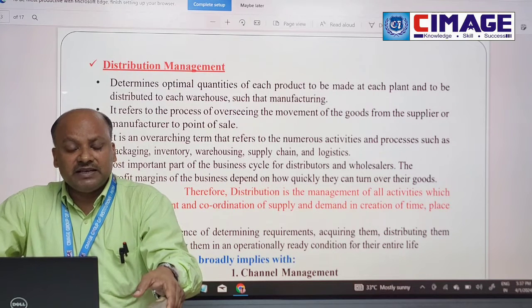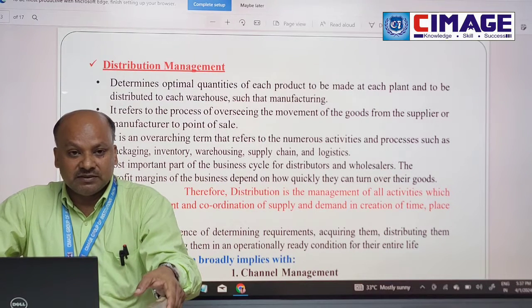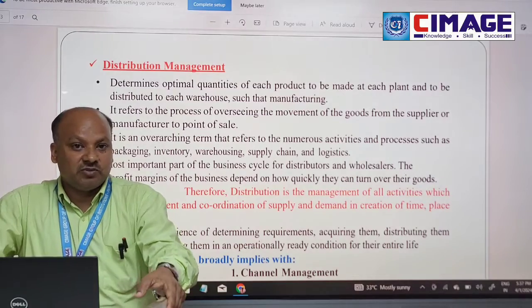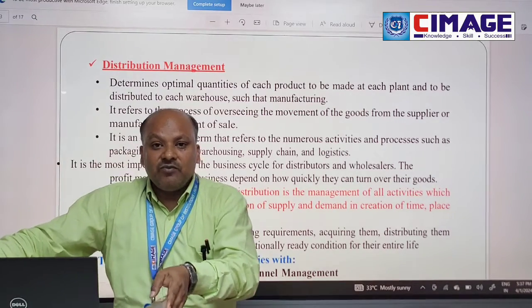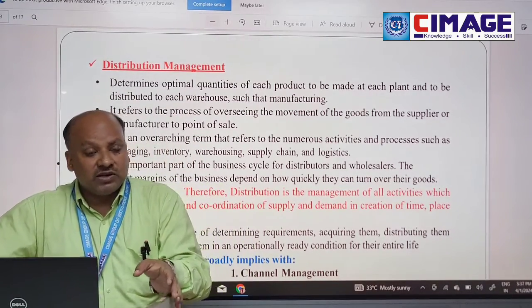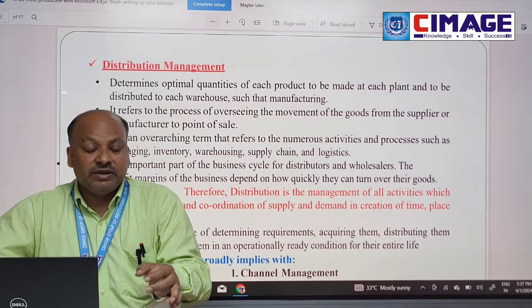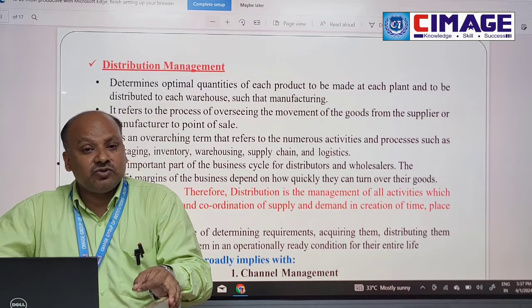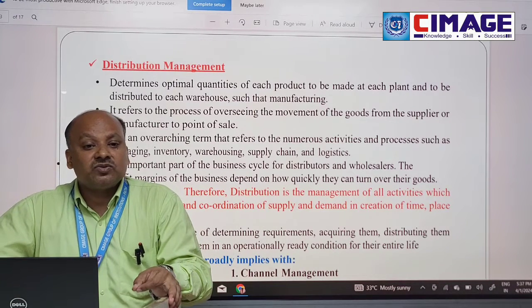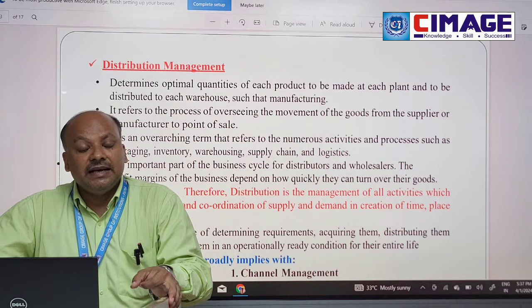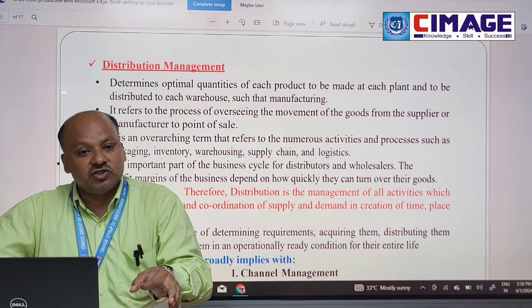First of all, let me start with distribution management. What is distribution management all about? There are two words in this section: distribution and management. We all know that a manufacturer produces some kind of product, and it is not only important to produce a product, it is more important that the product reaches the end consumer.